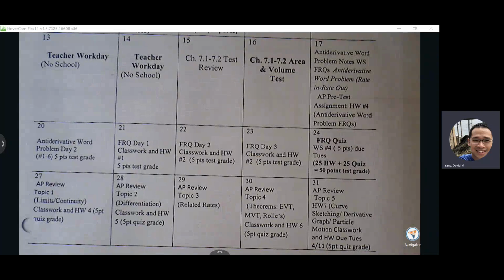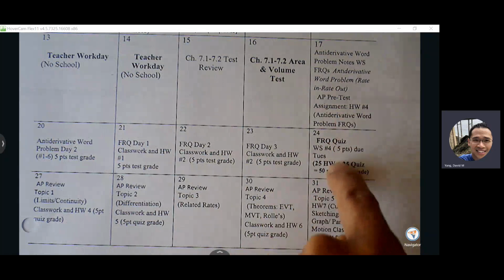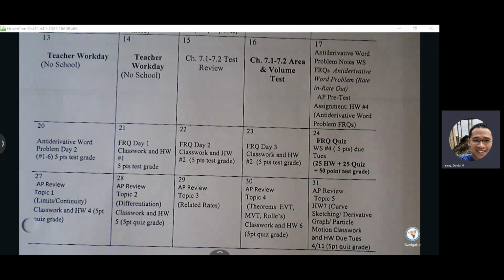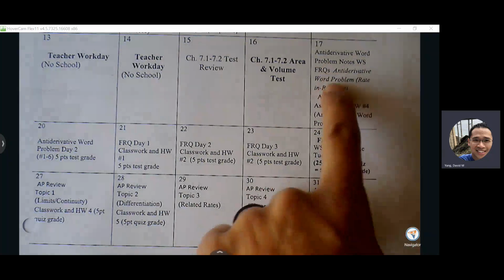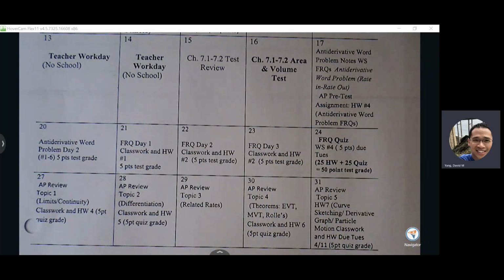But basically, we're just going to be practicing with FRQs and multiple choice and having quizzes along the way. But I'm going to be incorporating your homework grades into the quiz and test grades to help offset any potential low grades. So if you haven't been doing your homework, you definitely want to be doing it here because these are going to be worth basically quiz and test grades.